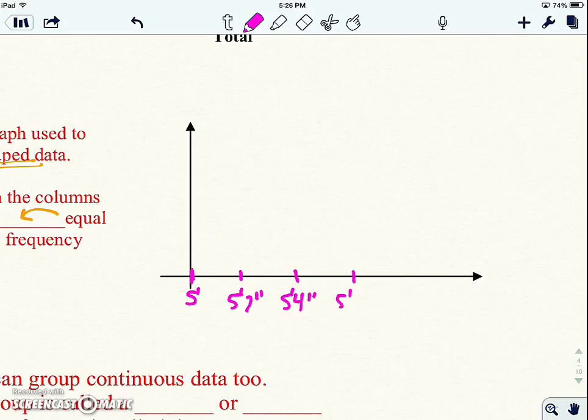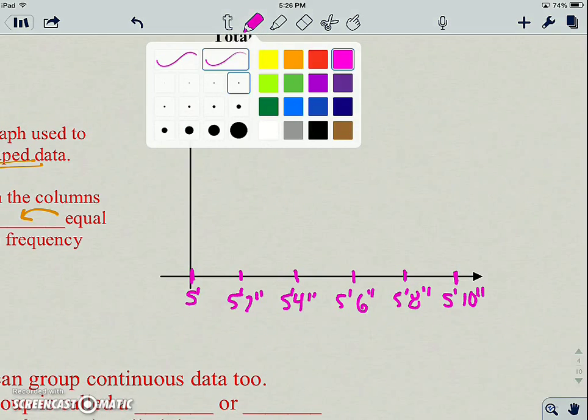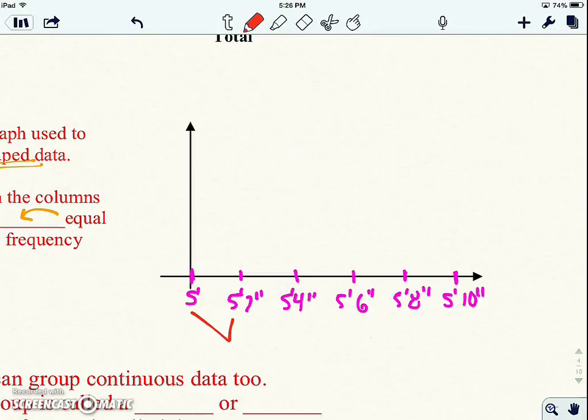This would be 5'6", 5'8", 5'10". And actually, between here and here, it's 5 feet up to, but not including, 5'2". So anything up to 5'1" 0.9999999 would go in here.